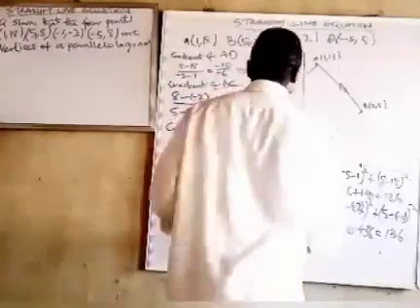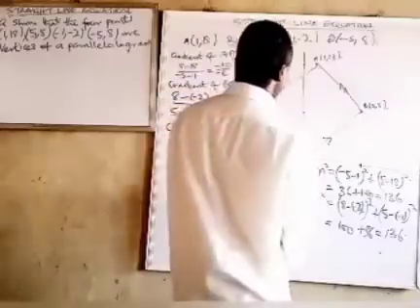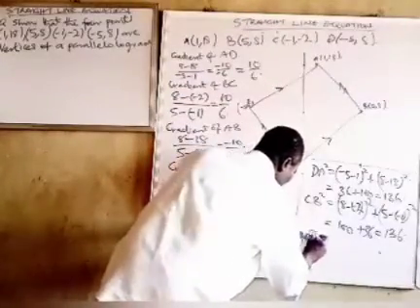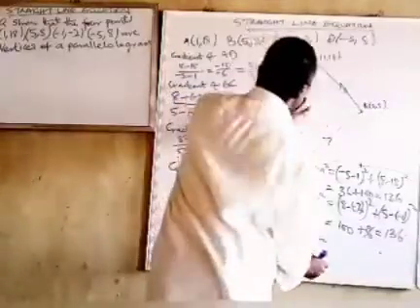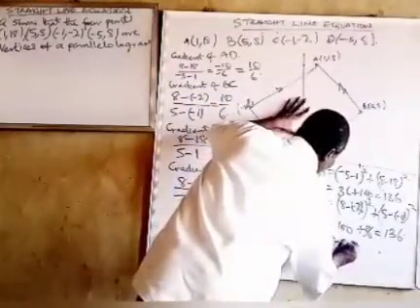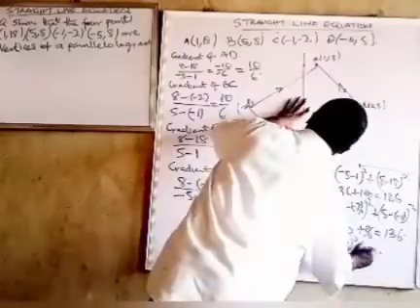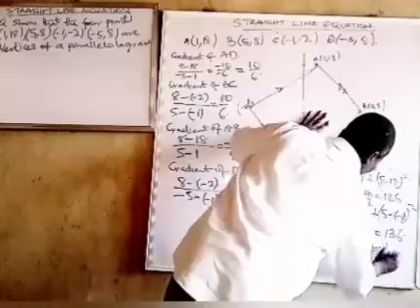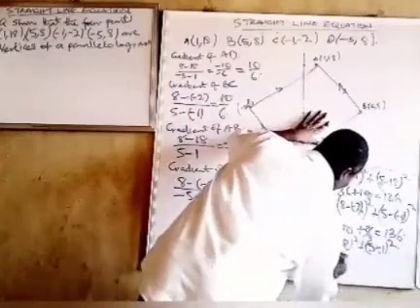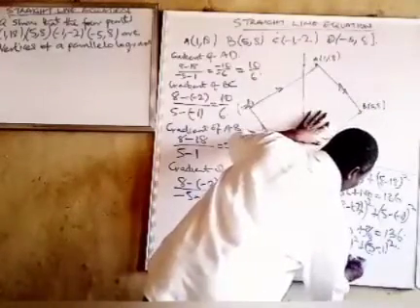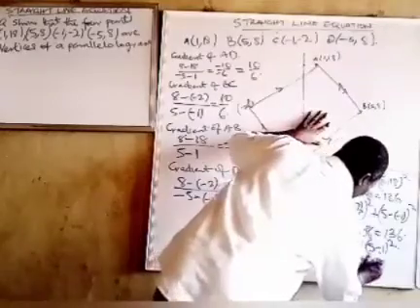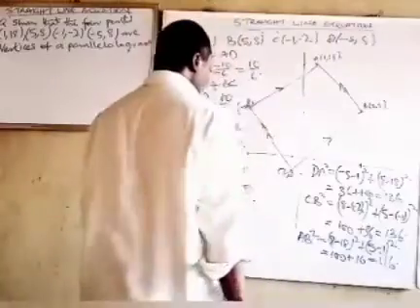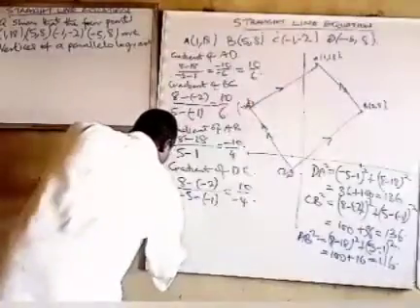If you should check for AB and DC, so AB squared will be equal to 8 minus 18 all squared plus 5 minus 1 all squared. So that will be 100 plus 16, 116. Let's check for DC squared.